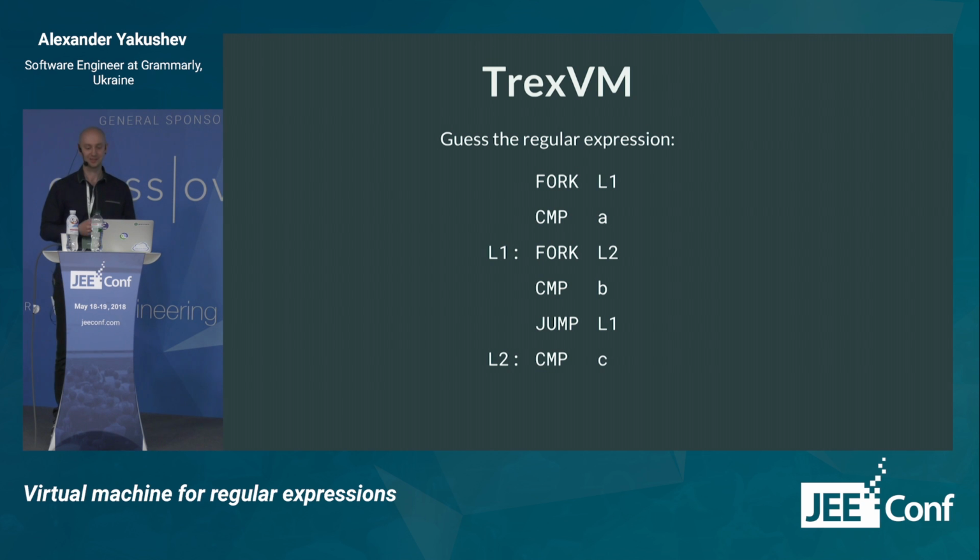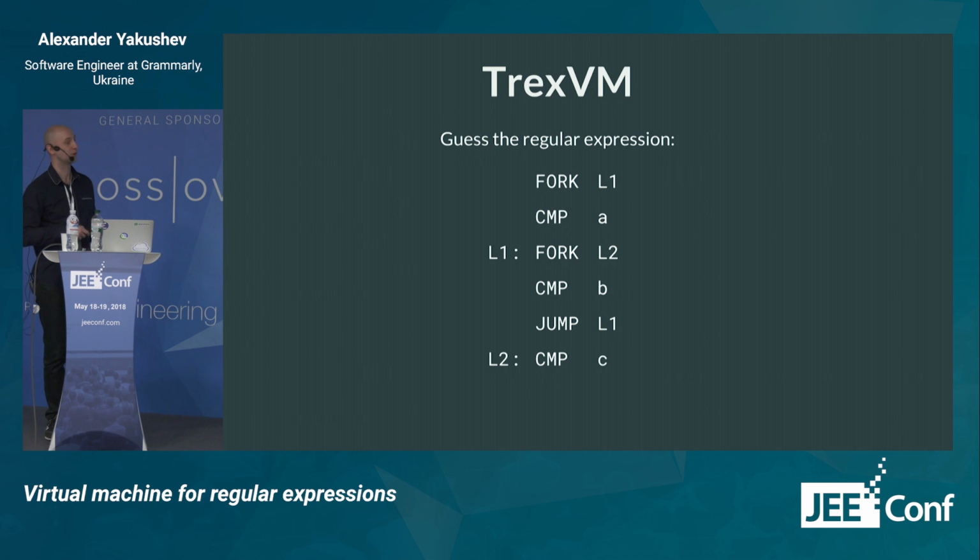Some more guessing, a little quiz for you. What does this regular expression do? Let's divide it into parts. These first 2 instructions: there is a fork that jumps over A, and another thread will try to match A. So what, sorry? A question mark, right.